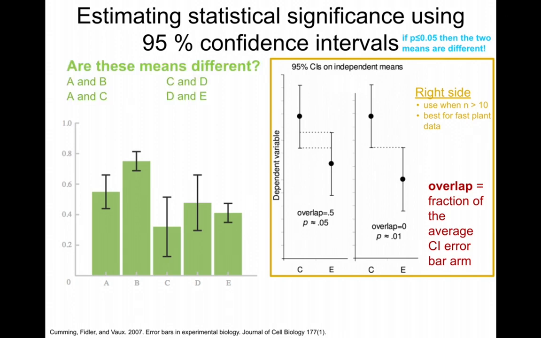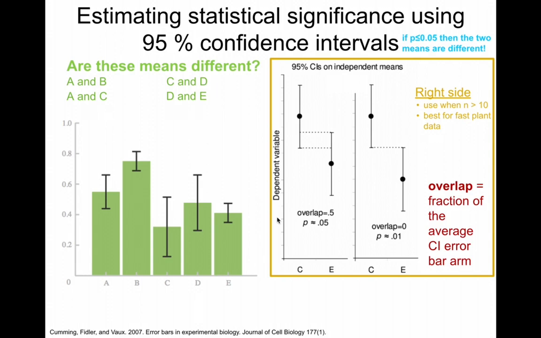So we've got a couple of comparisons that we can make here so that we can practice calculating the degree of overlap between error bars. So let's start with looking at the error bars for bar graphs A and B and to see if there is any overlap and determine whether or not these means are significantly different from one another.